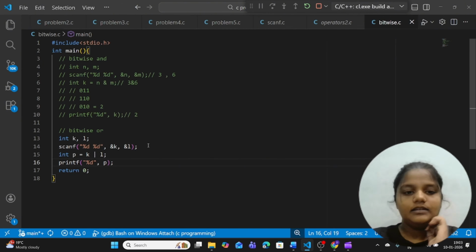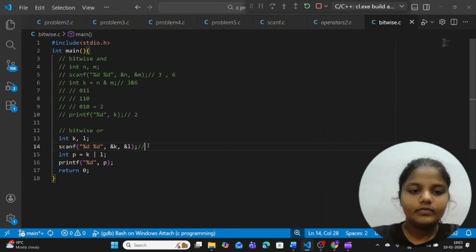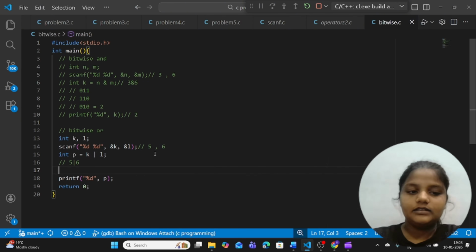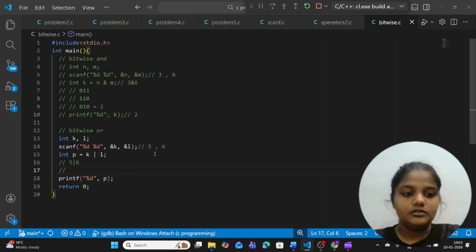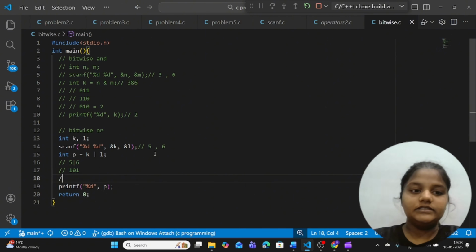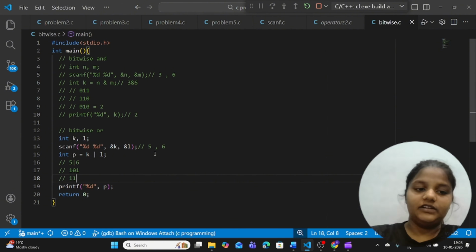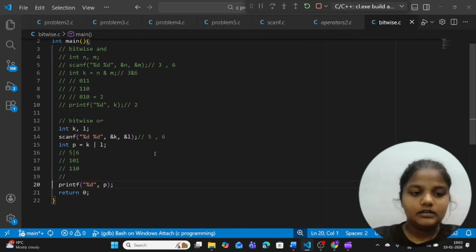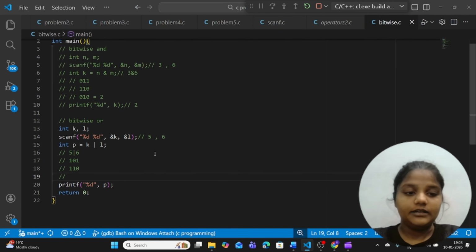So what will happen here if I give 5 comma 6 in our input? In this line it will do the operation 5 OR 6. What is the 5 binary value? 101. What is the 6 binary value? 110, right? If we perform the OR operator on this, it will start from right to left, right?